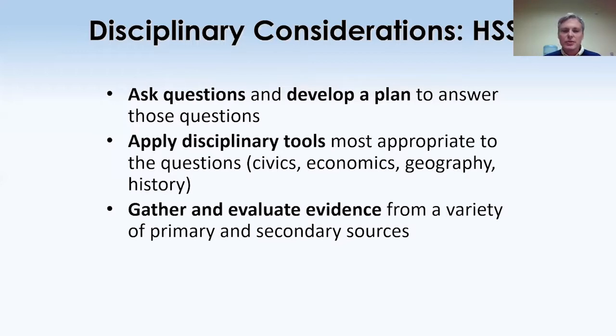And we have to work with students to help them determine what materials or evidence or sources out there are the best and the most reliable pieces of information that they can use to help them answer that question that's guiding their inquiry. So they would work through different types of primary sources and secondary sources to help them gain greater insight into that question.